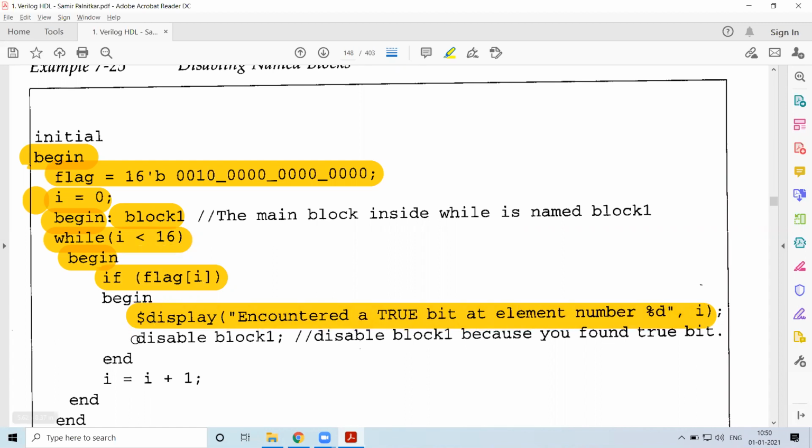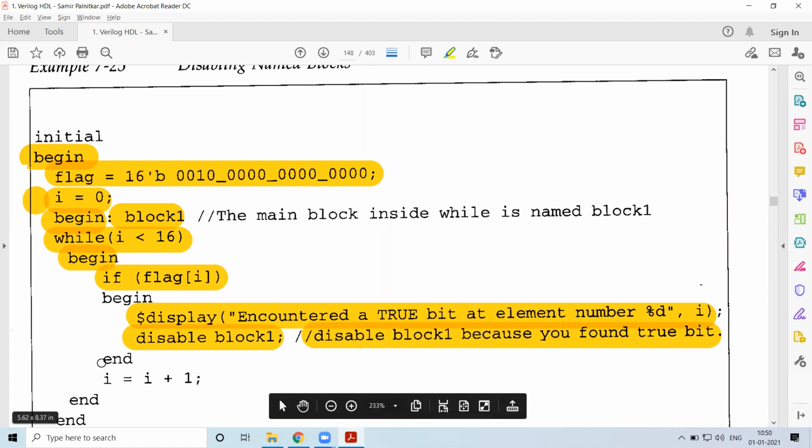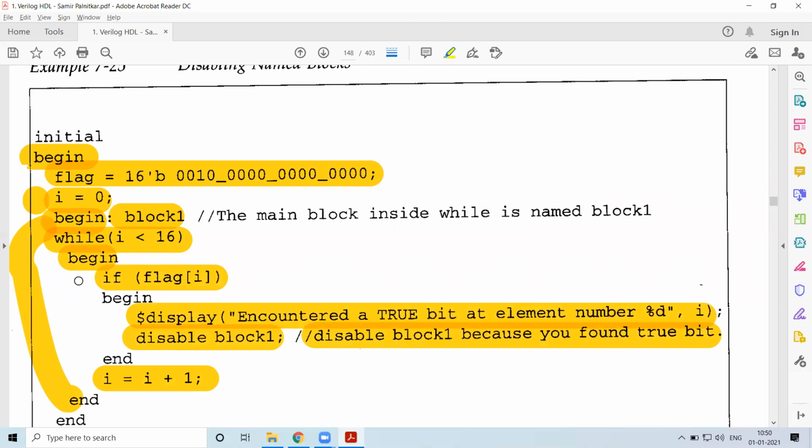So if the bit is 1, what you're doing is disabling this block. Disable block 1 because you have found some erroneous thing. If that is not the case, then you continue with the execution of the while loop. So this entire thing will be continued either if none of the bits are set or if the count goes up to 16.